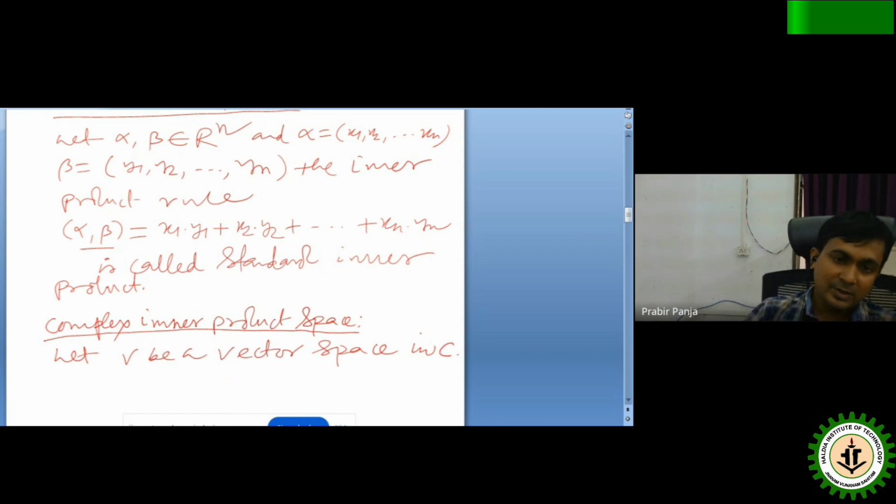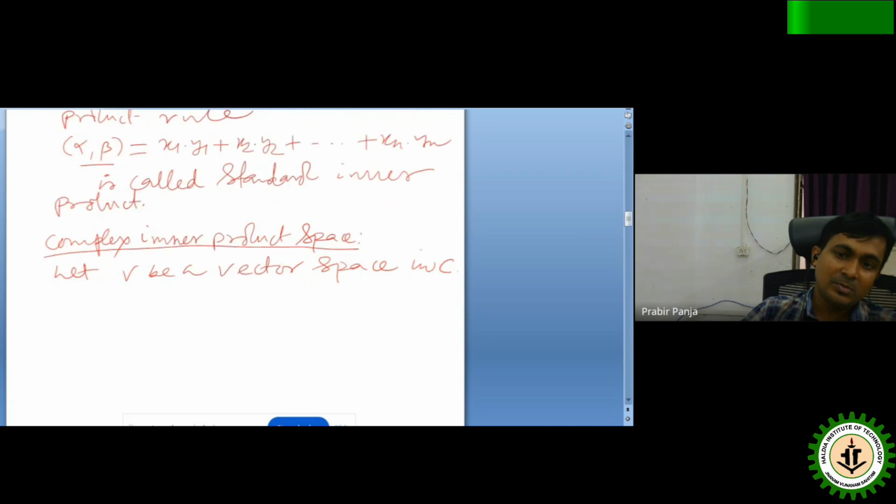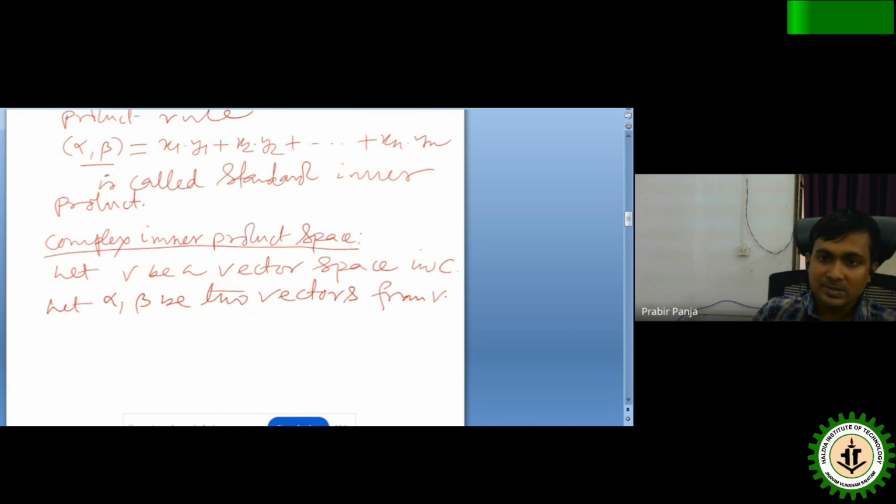So if we are defining a vector space V over a complex field C, and let alpha beta be two vectors from that set.